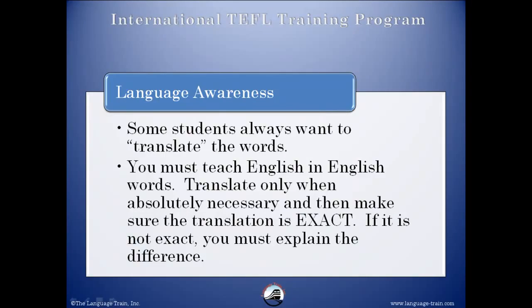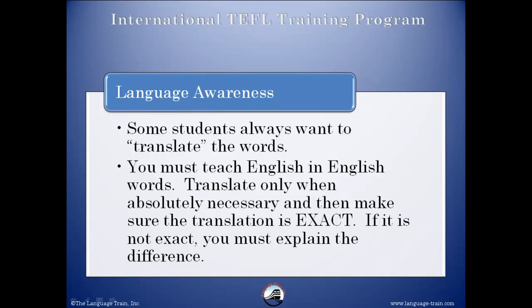So at the lower levels, a lot of students will always want to translate words from English into their native language. At the lower levels, it may be okay because they don't really have a base or a foundation to build on.